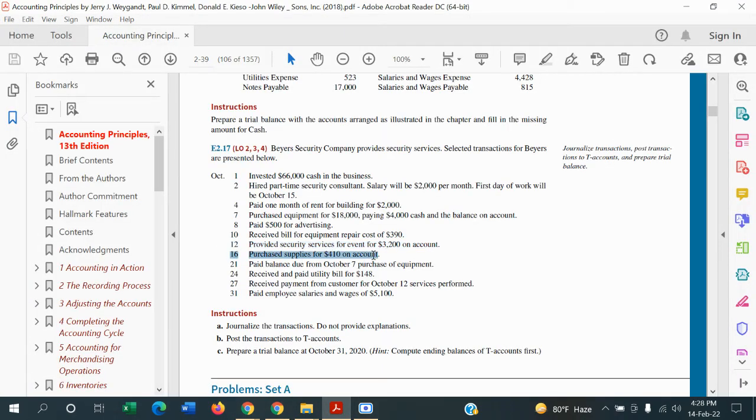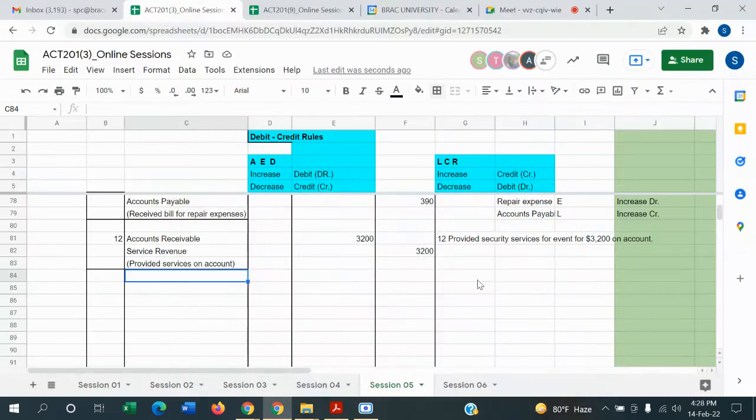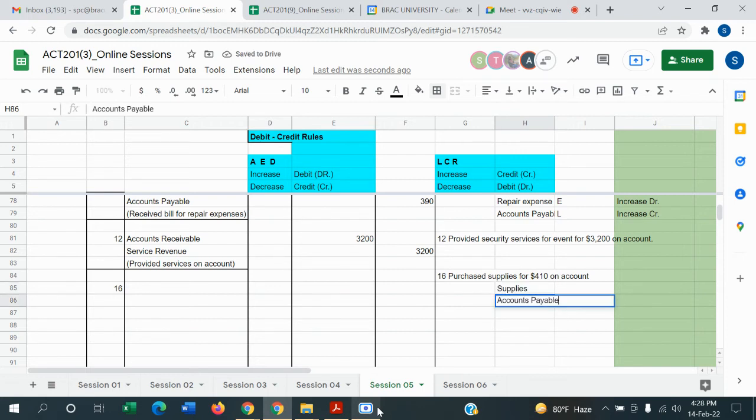16. Purchase supplies for 410 on account. We should mention supplies and accounts payable. These two accounts. Supplies is an asset, it's increased, so it should be debit. Liability is also increased, that's why it should be credit.